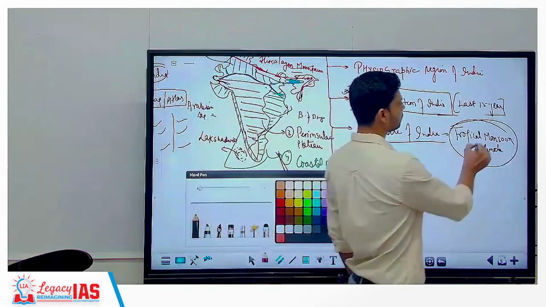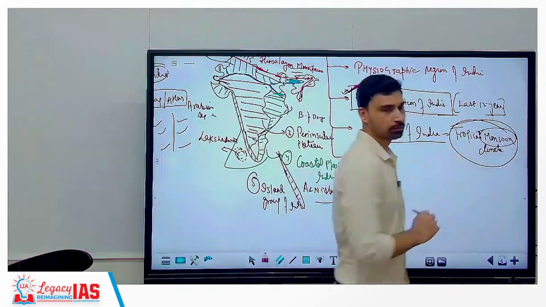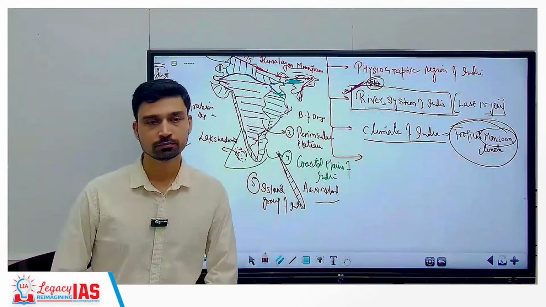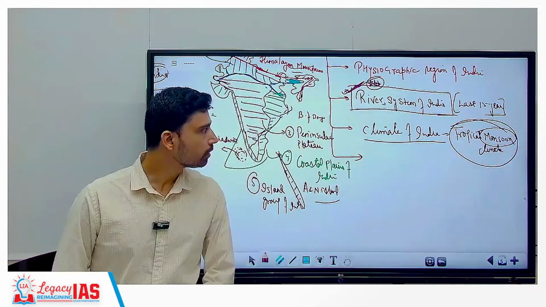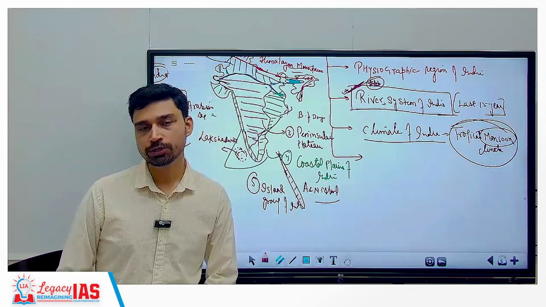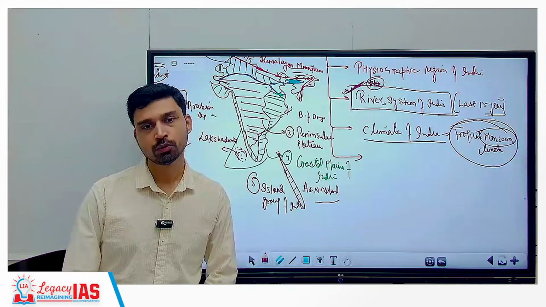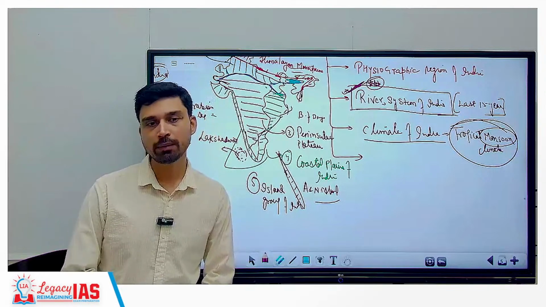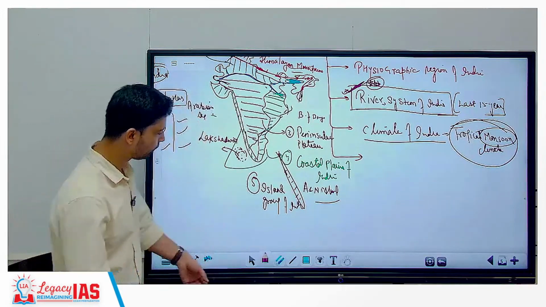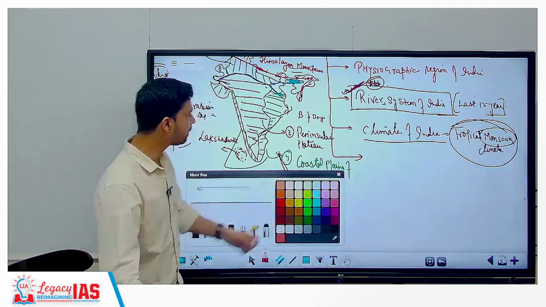What is the meaning of the term monsoon? This is something that all of you must have used. Basically reversal of winds. That means in the summer season, wind is flowing in one direction. In the winter season, what happens? Wind starts to flow in the opposite direction. In case of India, in the summer season, what is the general direction of wind?